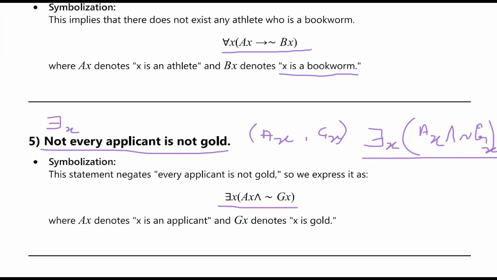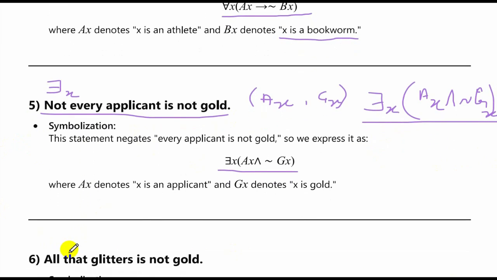Alright, let's go into the next one. All that glitters is not gold. They may give you GLx, X glitters, and GOx for gold, or they may give you another symbol. Whatever symbol they give, it doesn't matter. You have to just use that.